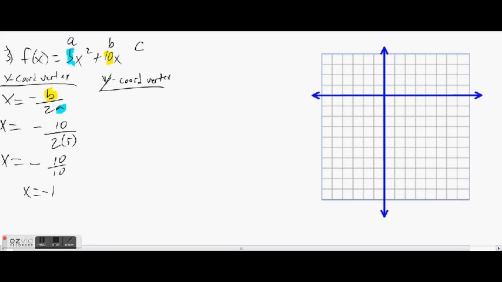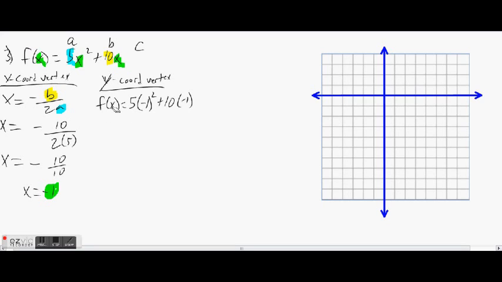Alright, there's my y. So f of x is equal to 5 times, and again, everywhere I see x, I'm plugging in -1. 5 times -1 squared plus 10 times -1. Oh, and where did I mess up?